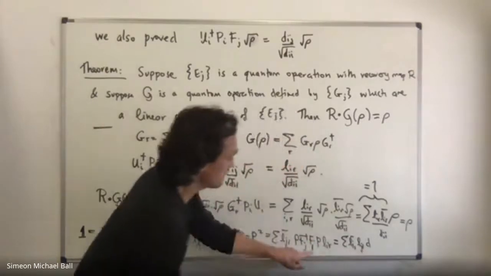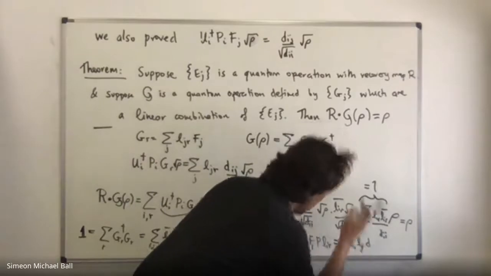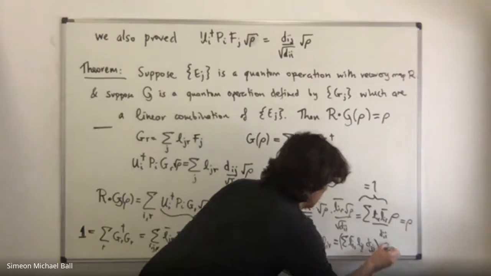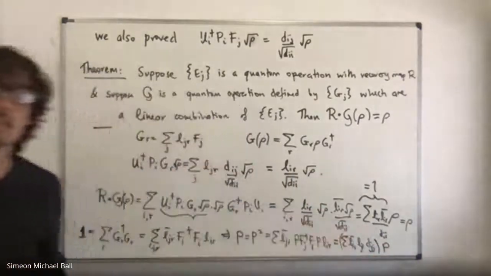So these are then zero if they're not the same, so then you get D_JJ times P. And that, of course, then implies that this thing is indeed 1.